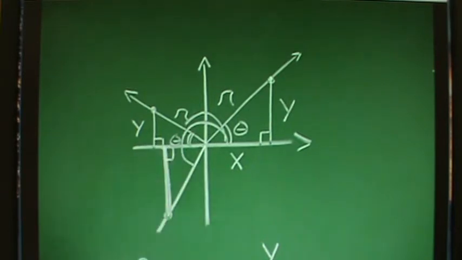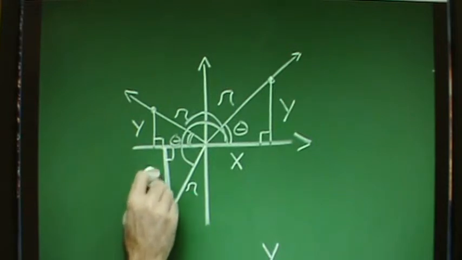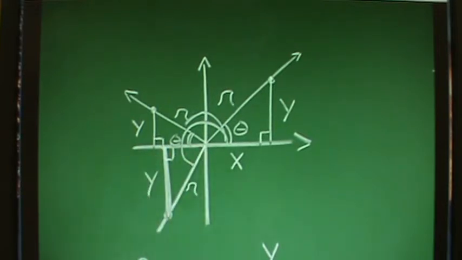A right angle is formed, and we have the r here, the x here, and the y here. Now both x and y are negative for this particular triangle, but no matter, we have our ratios available to us by referring to this little triangle.